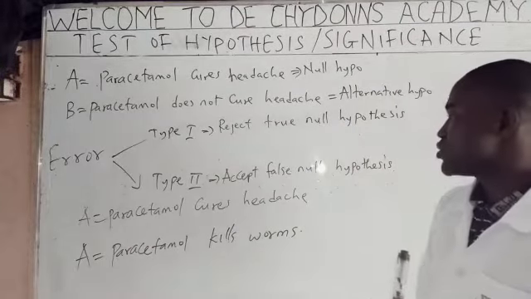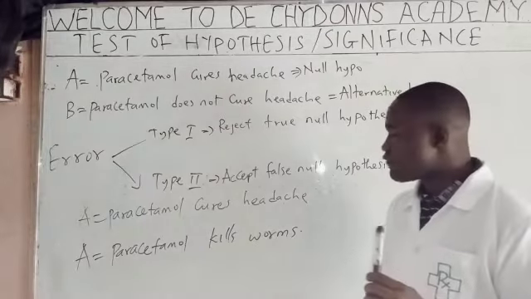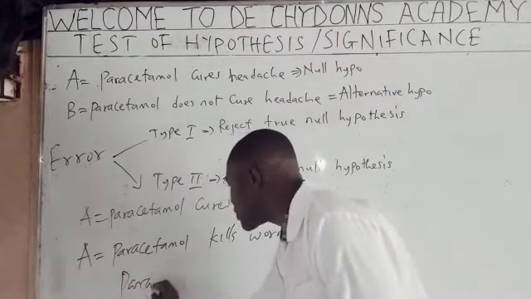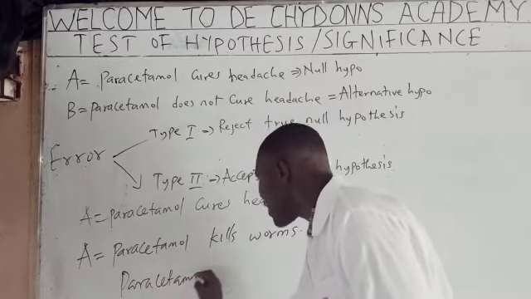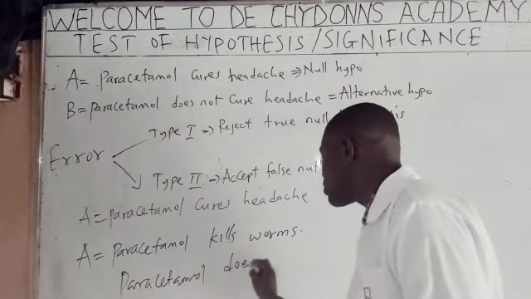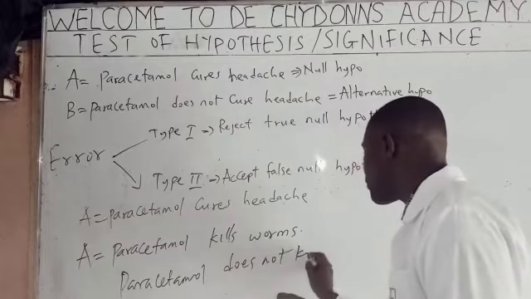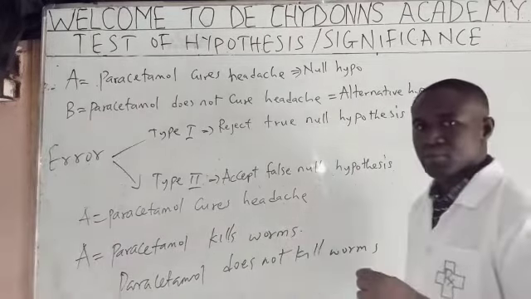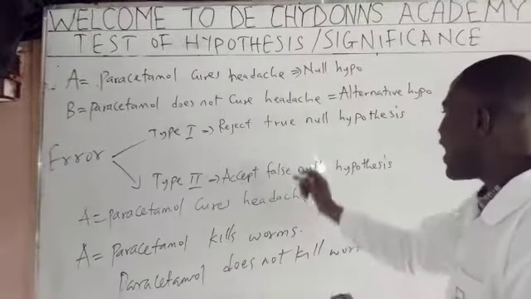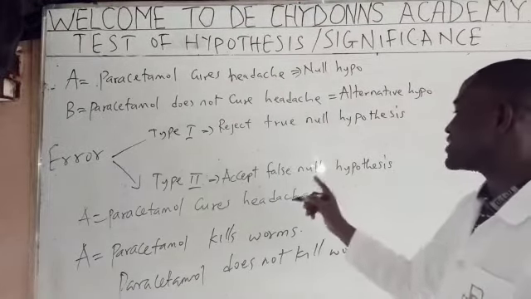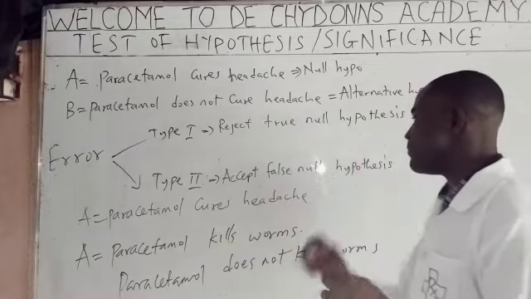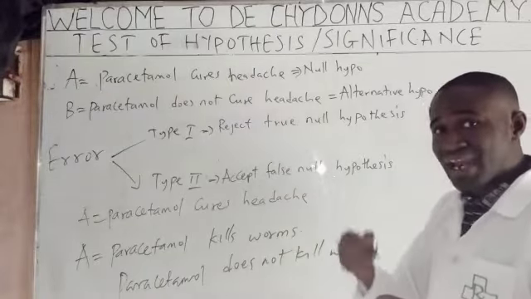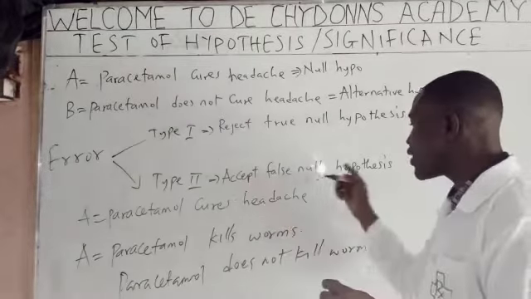Now we came out of the lab, and instead of writing in our result sheet that paracetamol does not kill worm, which is what we are supposed to write, we went ahead, maybe out of carelessness, and reported that paracetamol kills worm.